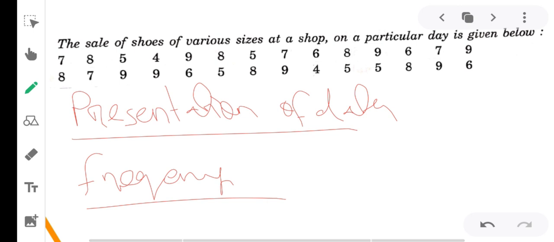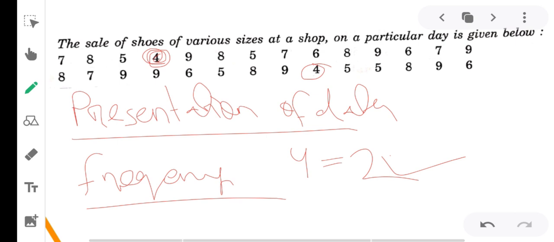So let's find out the frequency of 4. The frequency of 4 is 2. The observation 4 occurs in this data 2 times. So the frequency of 4 is 2. Clear?